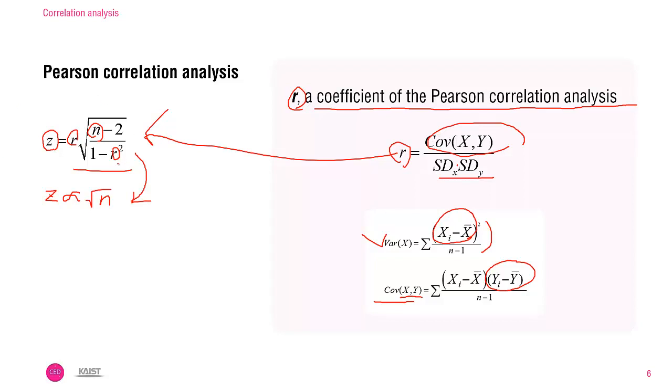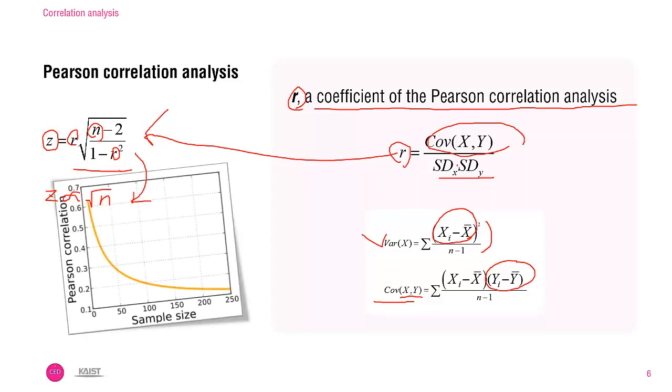Therefore, when the sample size is small, the Z value will be small too. And a small Z value will lead to the result that the Z-score is not reaching the critical Z value. This yellow curve marks the area of threshold.